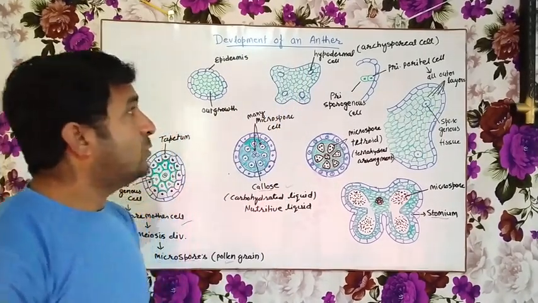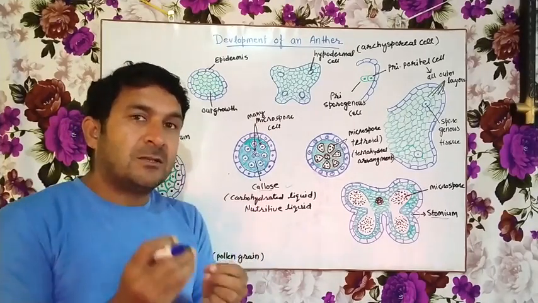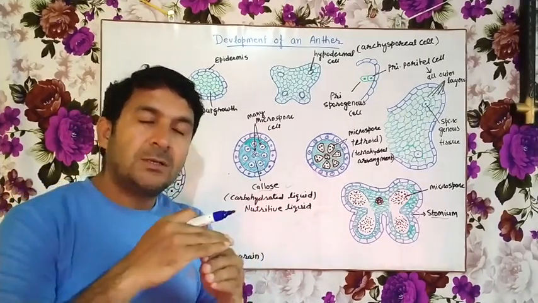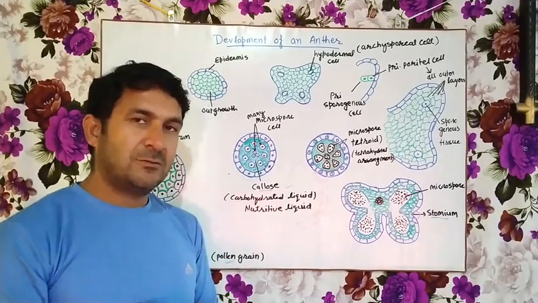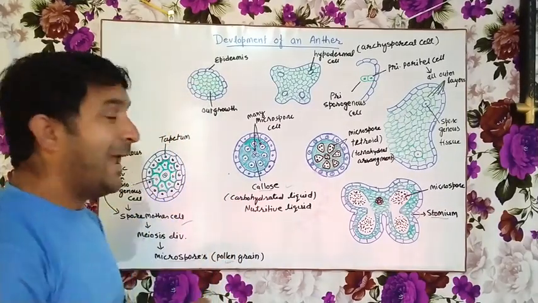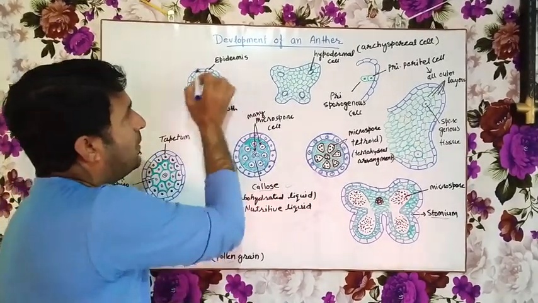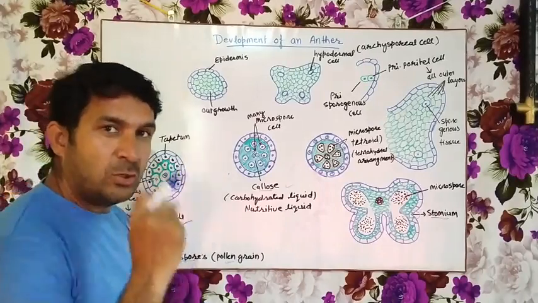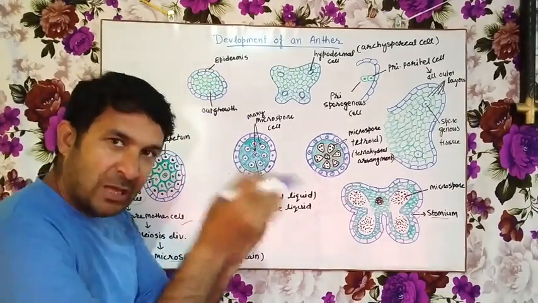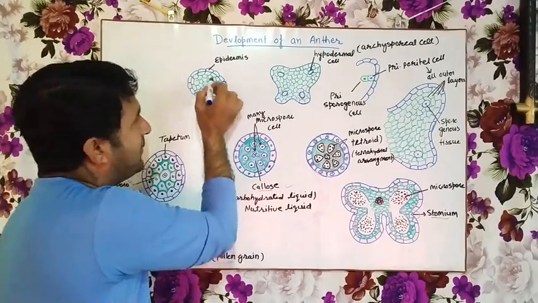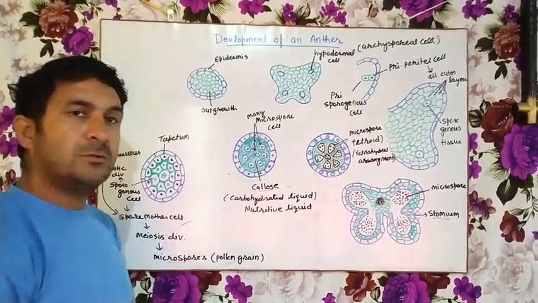Okay. So the development of the anther starts on the thalamus, which is the basal part of the flower. Okay. And in the initial stage, the anther looks like it has two layers: the epidermis, which is the outermost layer, and inside it, which you can see in the green color, is the outgrowth.